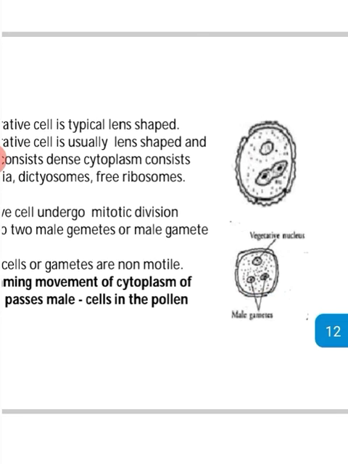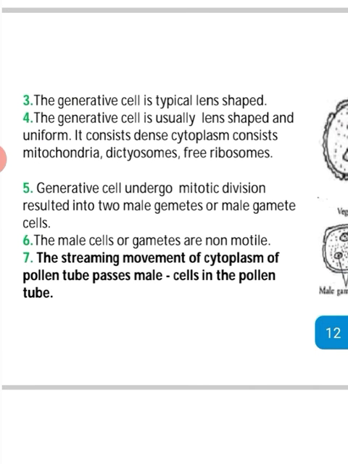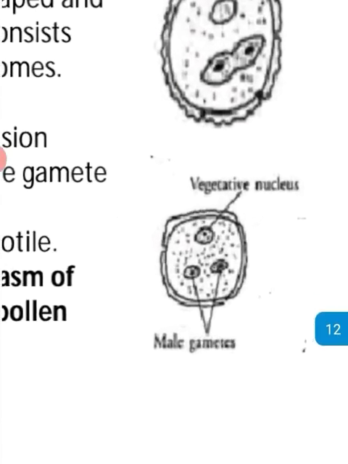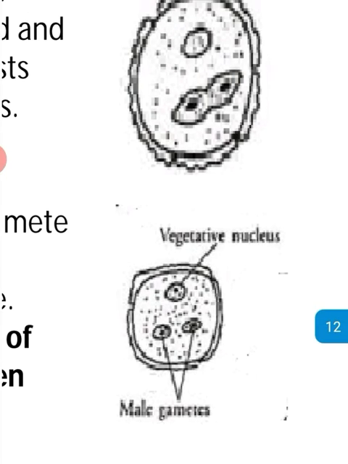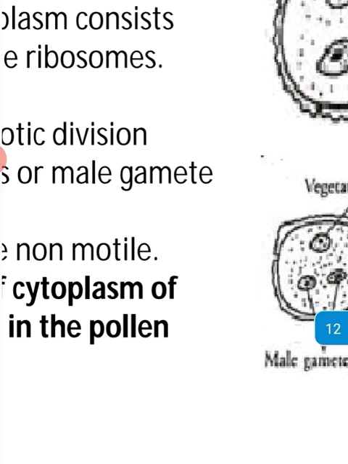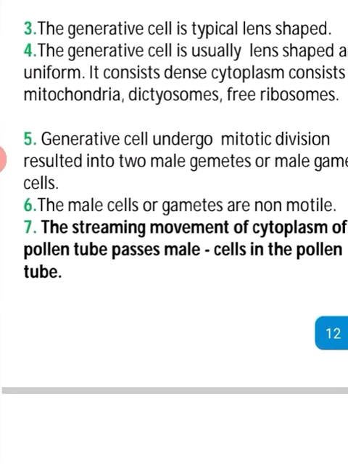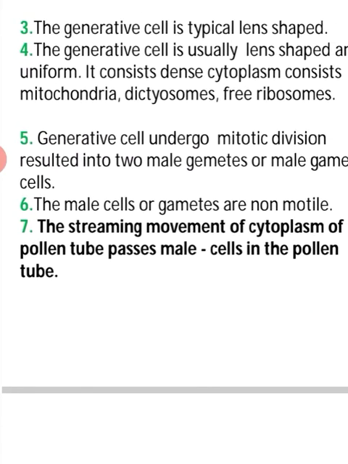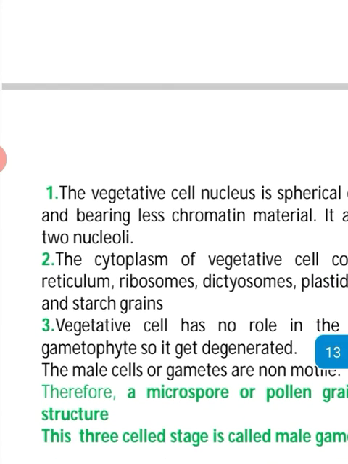Here their division starts and the male gametes are produced in this next figure. Look here, here division starts and here these are the two male gametes. The streaming movement of the cytoplasm of the pollen tube carries male cells in the pollen tube.